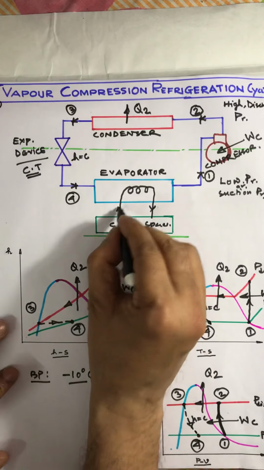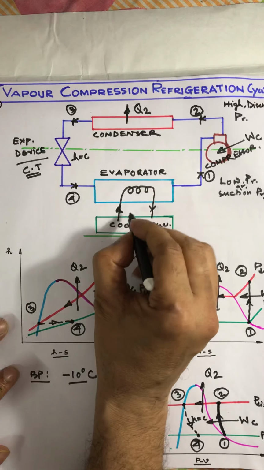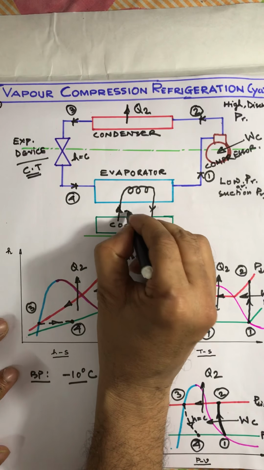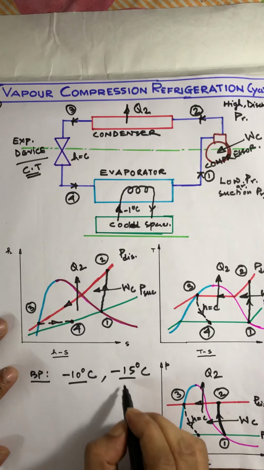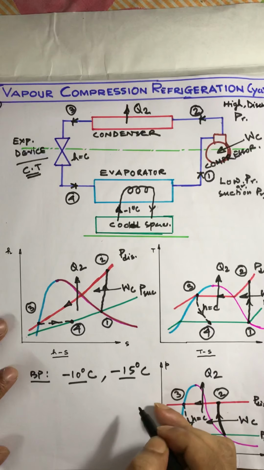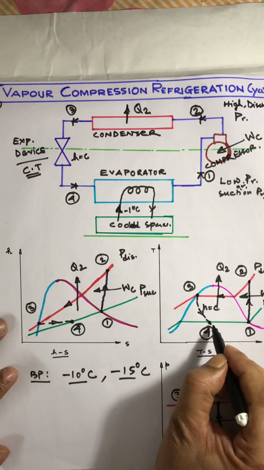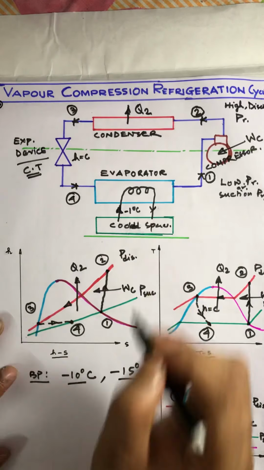But the cold space air just coming into the evaporator has a temperature of, say, minus 1 degree Celsius. So, definitely minus 1 degree Celsius is greater than minus 15 degree Celsius, and the temperature after expansion is also less than minus 1 degree Celsius.